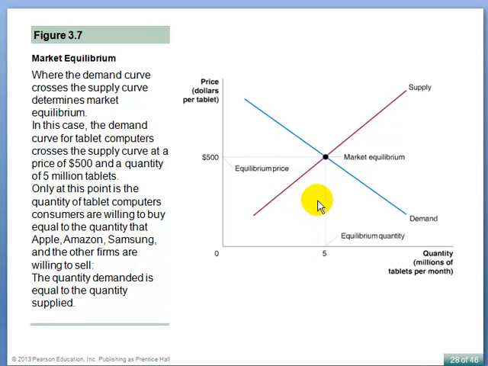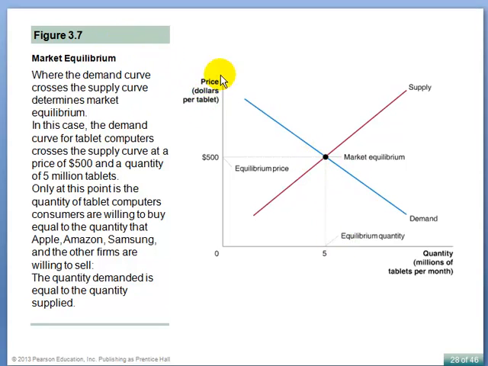So only at this point is the quantity of tablet computers consumers are willing and able to buy equal to the quantity of tablets firms are willing and able to sell. So this is a point of market equilibrium.